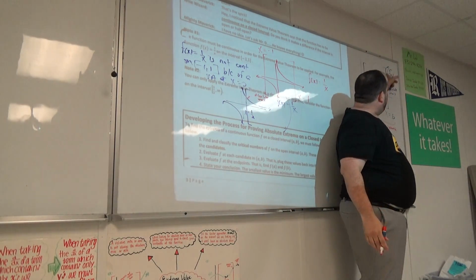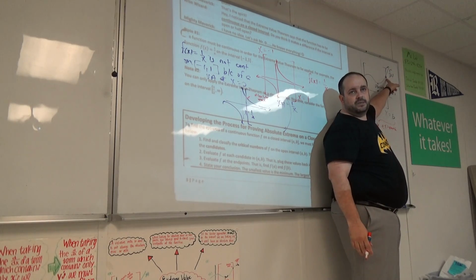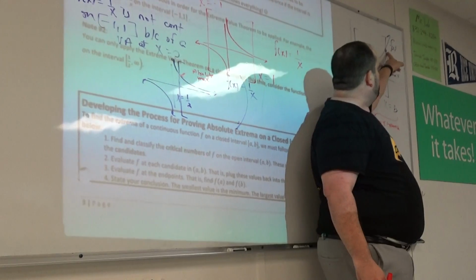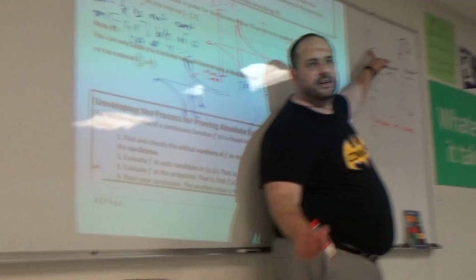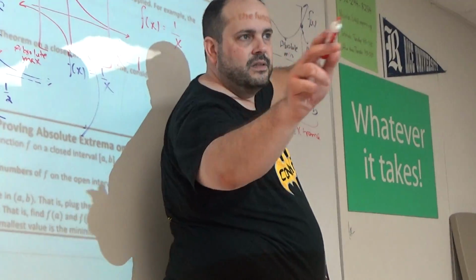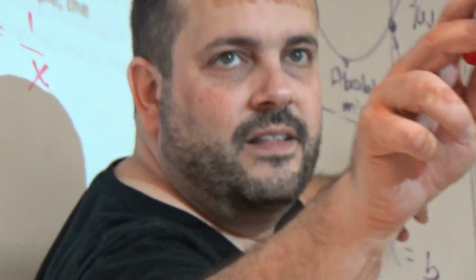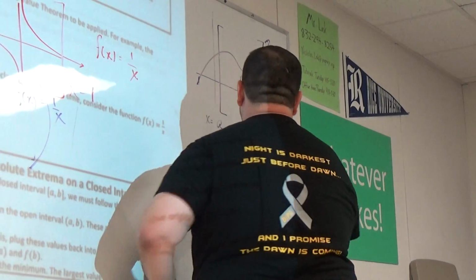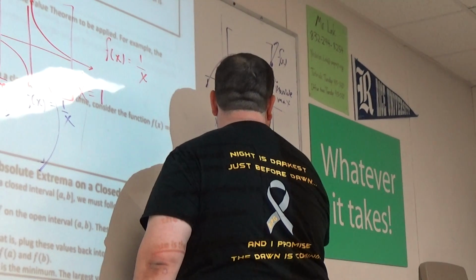Like in this case, the absolute maximum happened all the way over to the right. For anybody on their graph, did anybody have the absolute max all the way over to the left? Like maybe your function started high and then it decreased? Nobody did. Okay, could that happen? Could you have the absolute max on this side? Okay, so the first place you look is your endpoints.